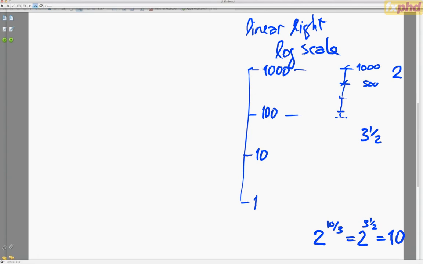Let me switch colors, and I'm going to improvise another scale, which is the scale of powers of 2. I'll write that on this side of the diagram.